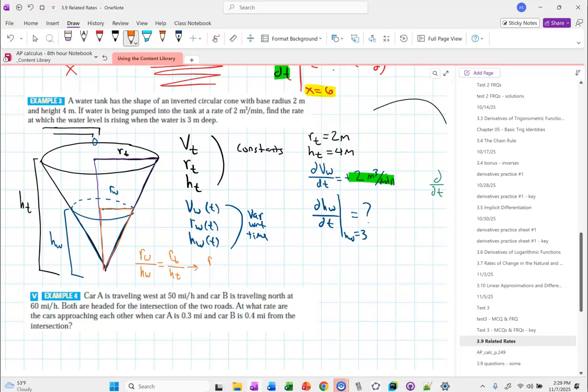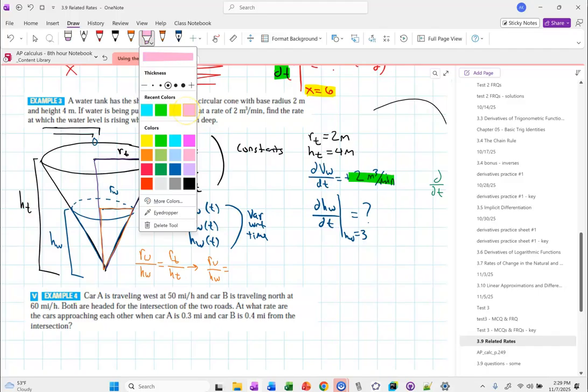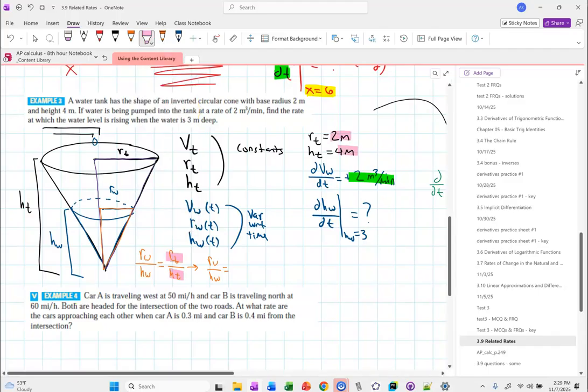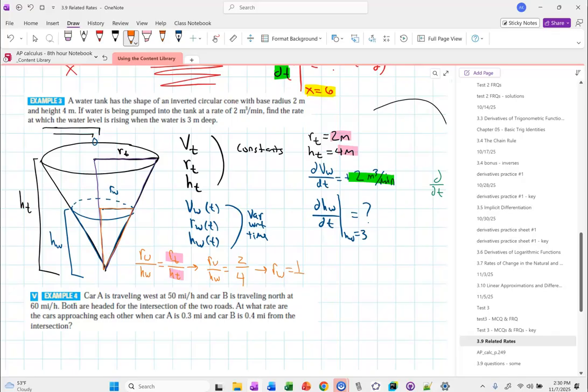So we know what's great about this equation that we've written. We know RT and HT. So I can say that RW is 1/2 HW. Everybody love that?